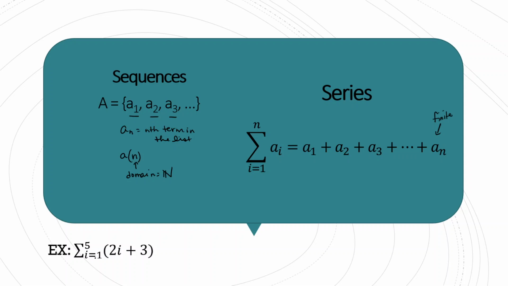In this example, we're going to let i equal 1 to 5. So we plug in a 1, and then we plug in a 2, and we keep going until we reach i equal 5.